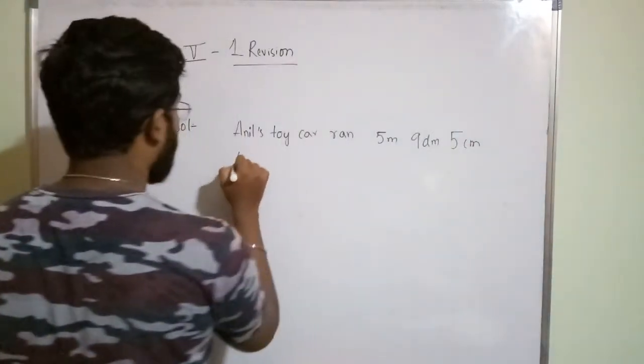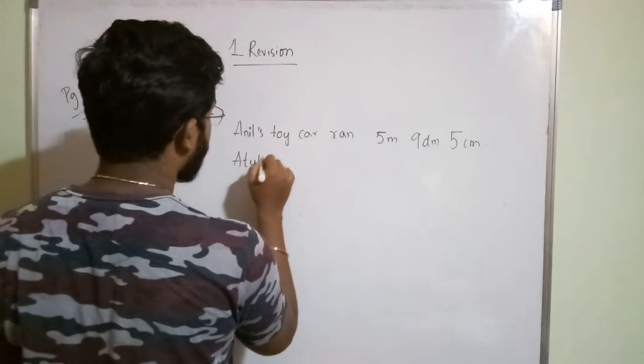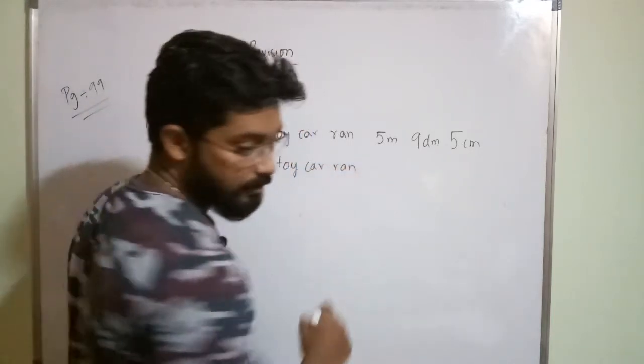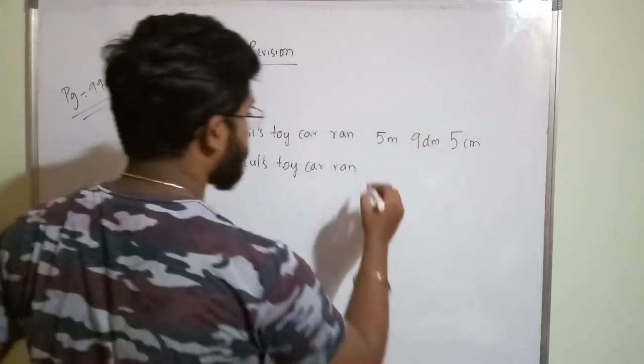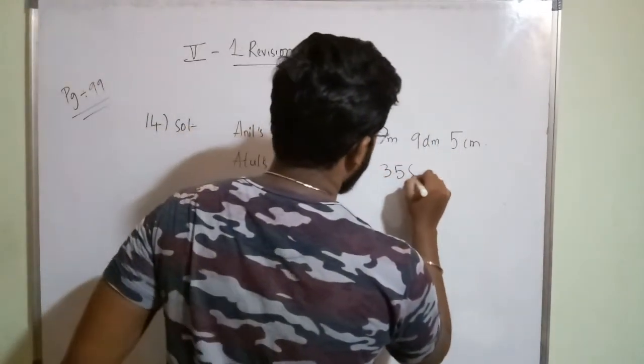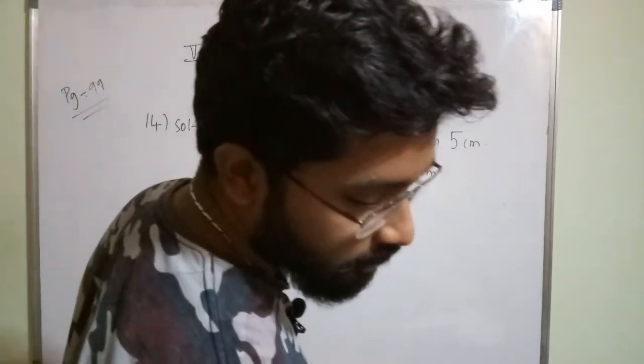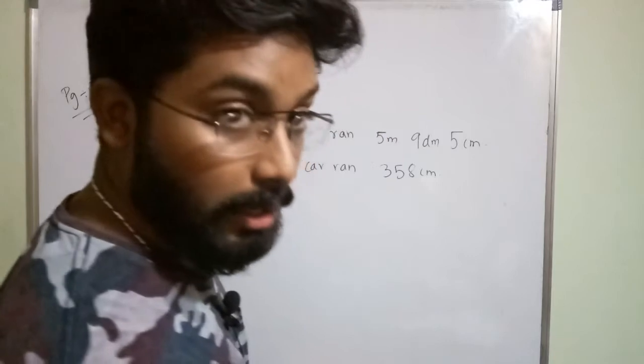Atul's toy car ran how much? 358 centimeters, I think. Yes. So he's asking how much further did Anil's car run.